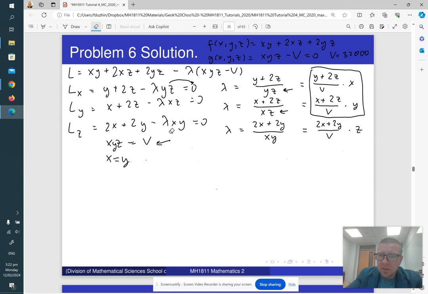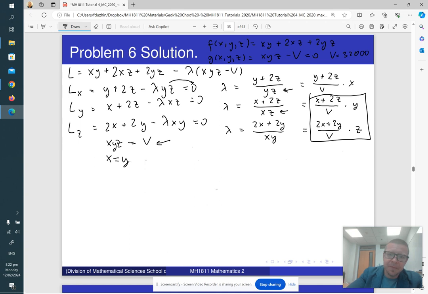So now let me maybe look at these two equations. Again, because of the same logic, both of them are equal to lambda, so I can equate them together. So (x plus 2z) times, well, notice that x equals y, so I can replace y with x, equals x divided by v equals (2x plus 2x) times z divided by v. Again, y equals x, so I just replaced y with x.